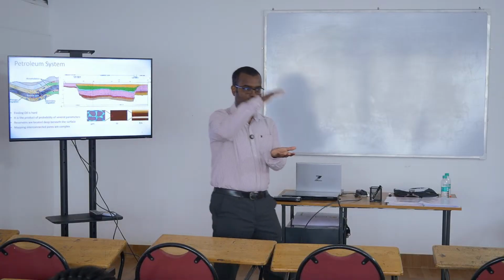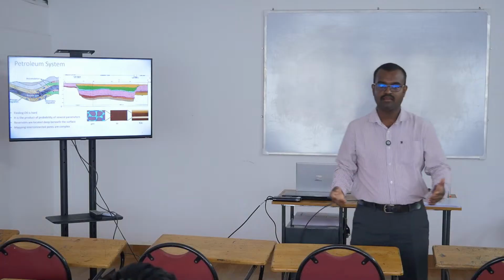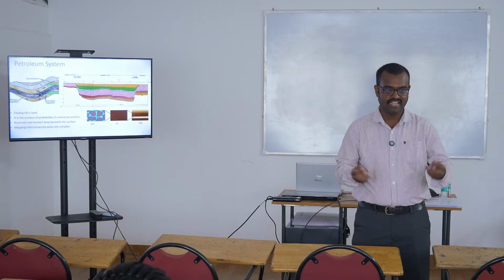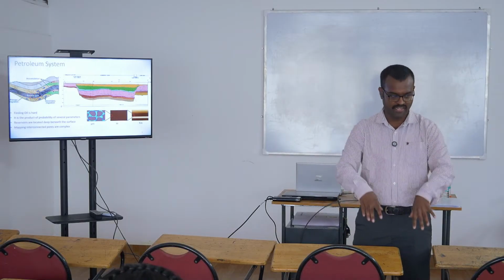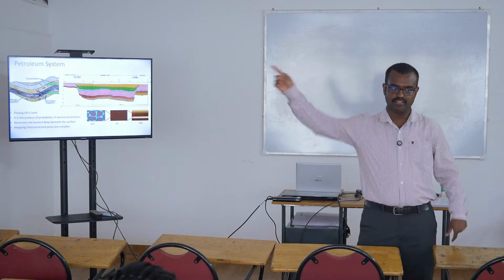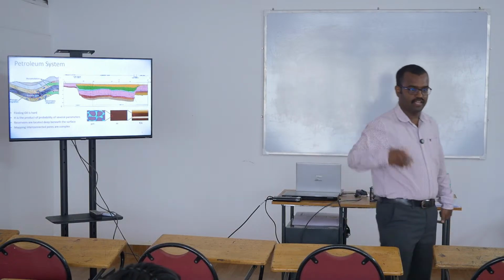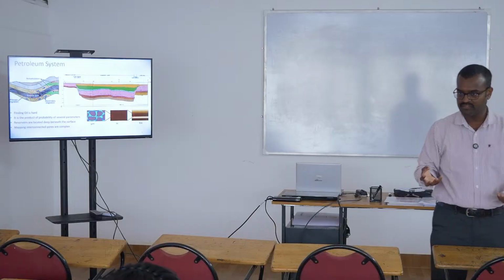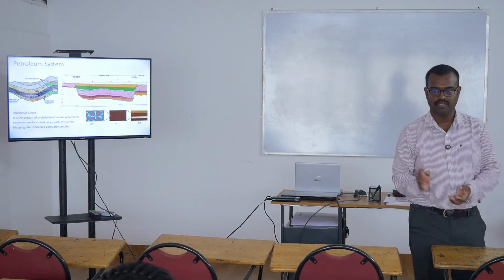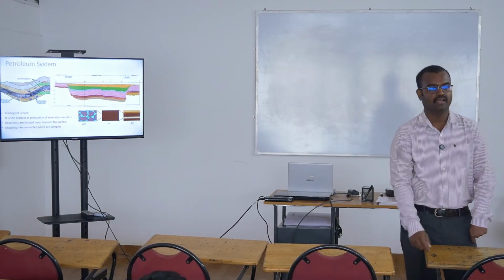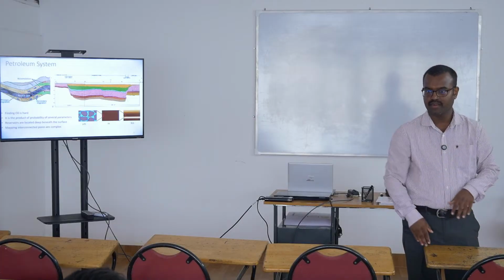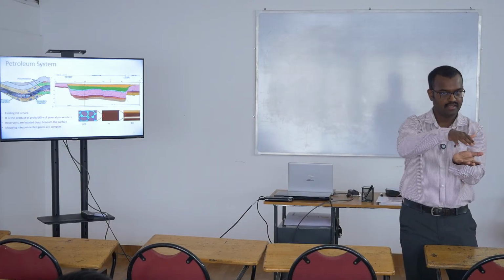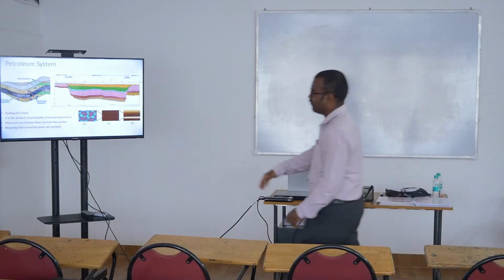Over and over, rivers are flowing, rain and all these things, and the sediments are coming and getting deposited. Every time a river goes and mixes in the ocean, along with the river a lot of sand particles come, deposit in the seabed, and form a layer. Likewise, these layers are formed.